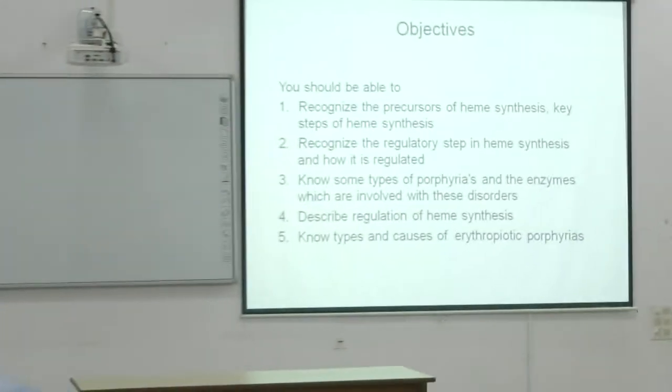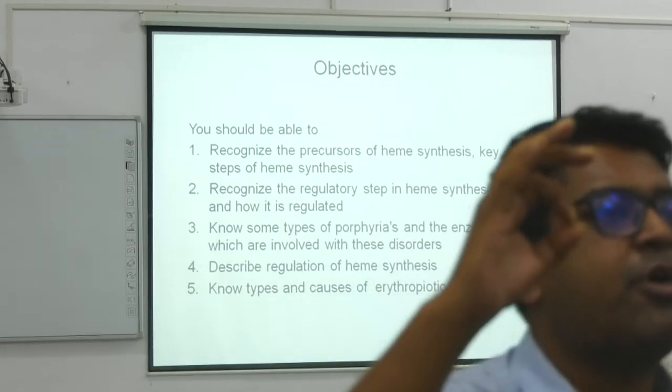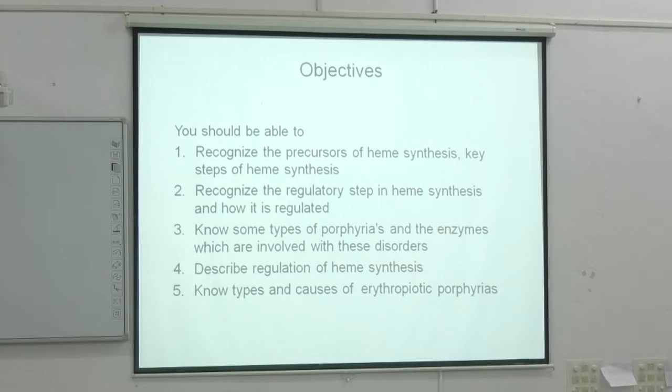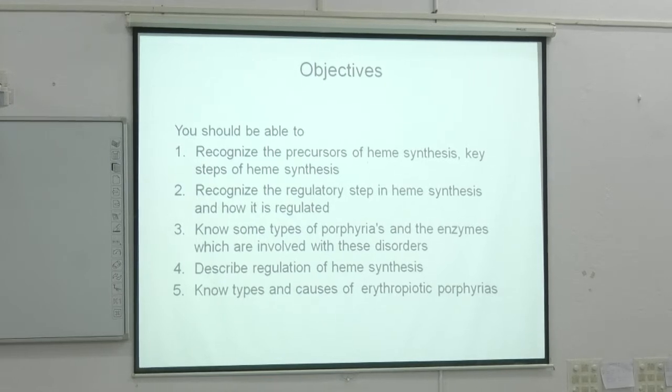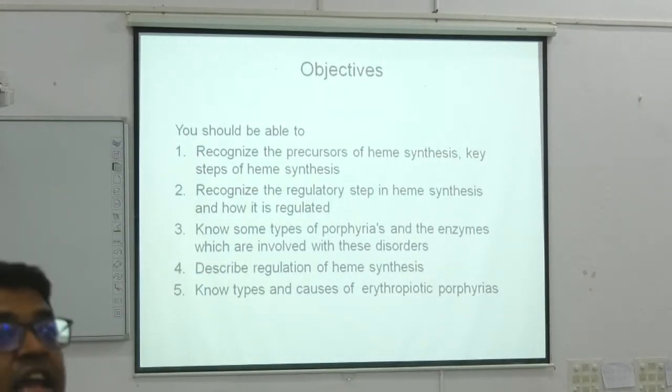Let me assure you once again, you will evidently be getting AIP, acute intermittent porphyria, CEP, variegate porphyria, lead poisoning, and also most importantly porphyria cutanea tarda as a short note or a 5 marks question in your university examination, which by the way is not far off.